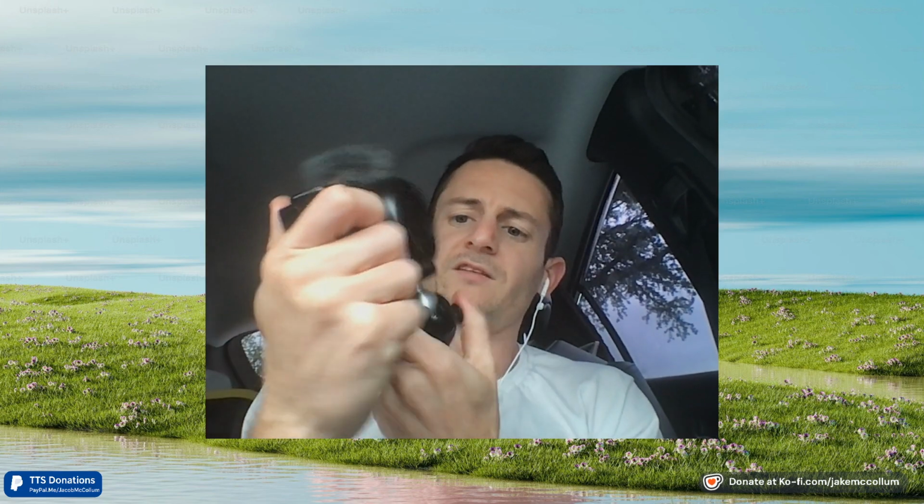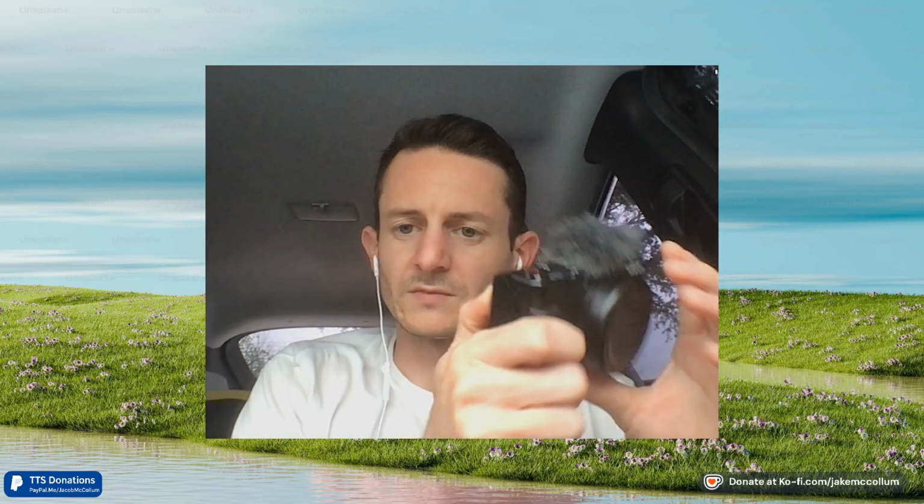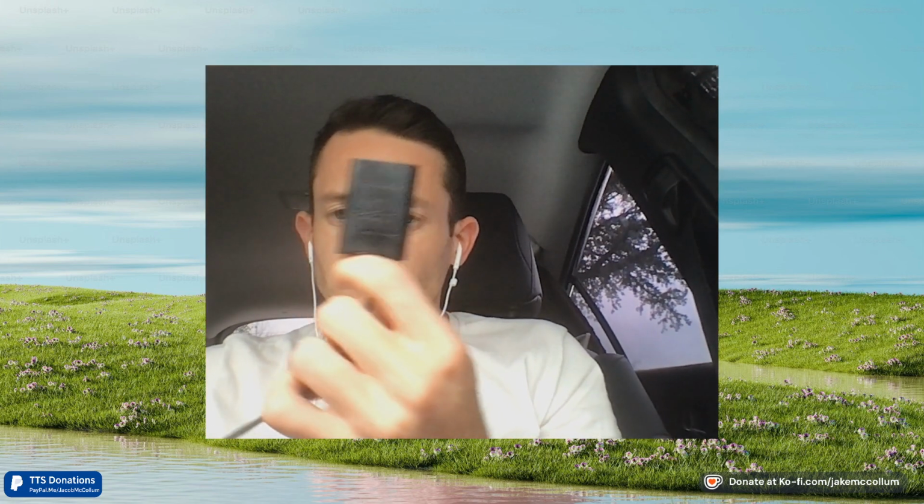Went and got a dummy battery for this camera. If you don't know what a dummy battery is, it's basically a battery that plugs into an outlet and then you plug the battery into your camera, and so basically it never runs out of battery. Because typically you have a wireless battery, you just put in and then it dies. But with a dummy battery that's actually plugged into an outlet, it never dies. You know what I mean? This is a dummy battery.